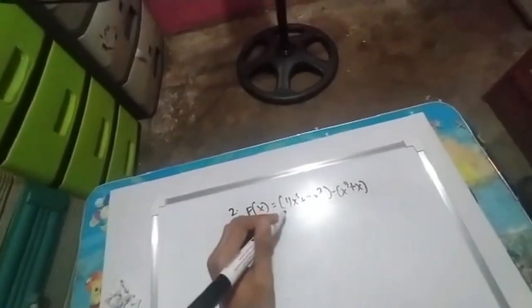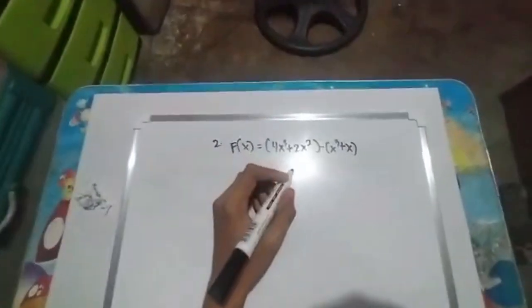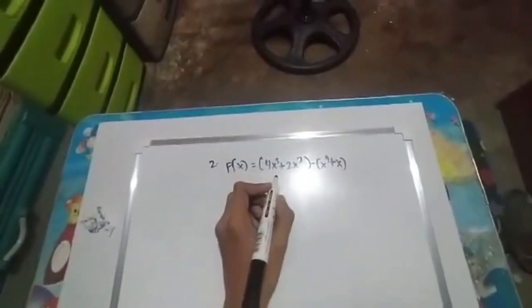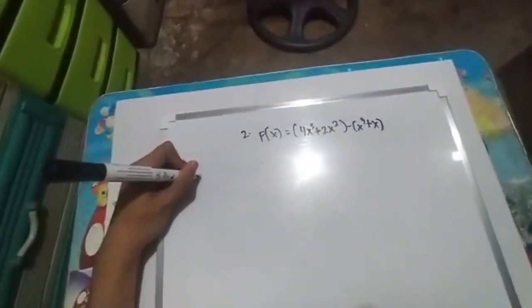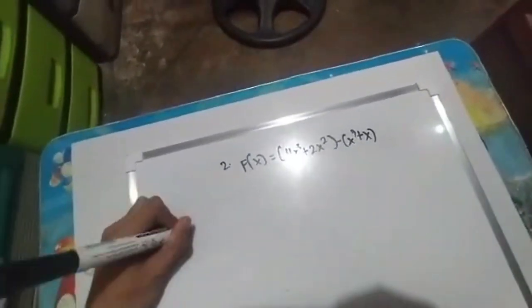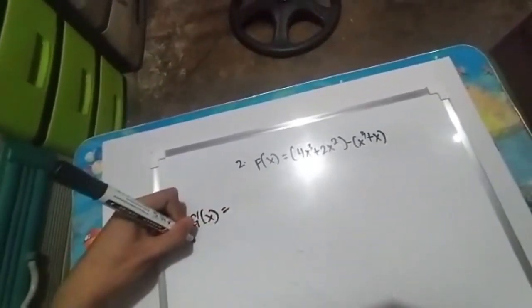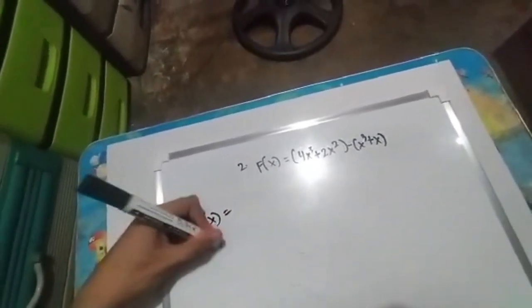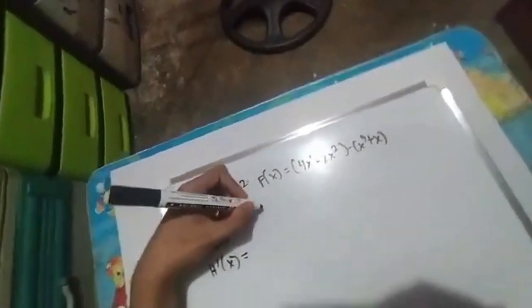Our second problem is f of x equals 4x cubed plus 2x squared minus x cubed plus x. And ganun pa din ang gagawin natin. Differentiate and then tawag doon power rule.